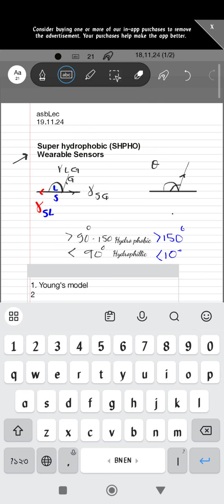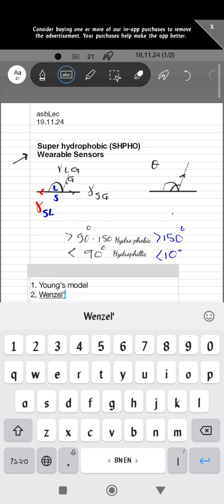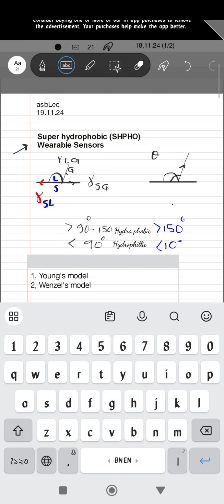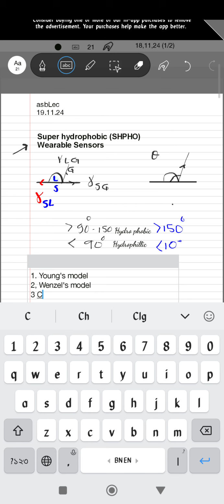The second one is Wenzel's model. And the third one is the Cassie-Baxter model.